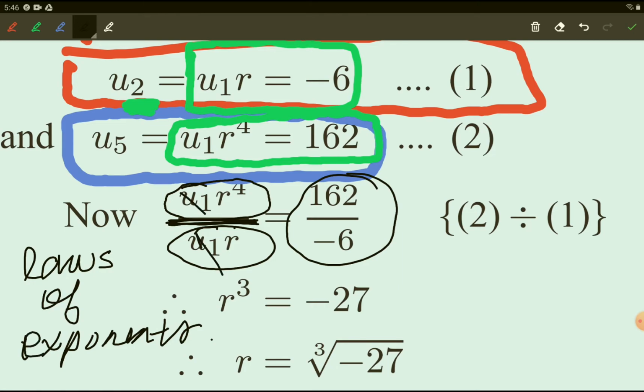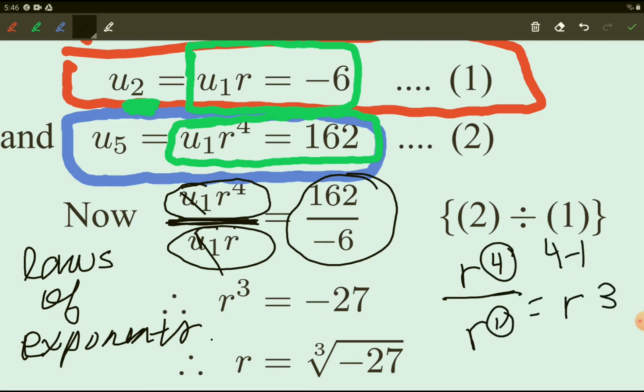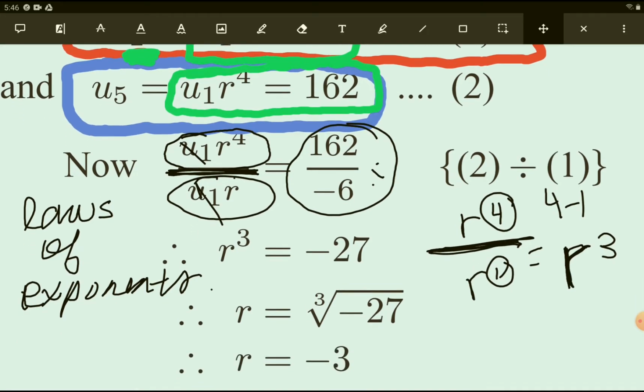That gets canceled. The u sub 1 gets canceled. So it becomes r4 over r1, which is r3 because we subtract, because we're dividing here. So that's r to the third equals negative 27.